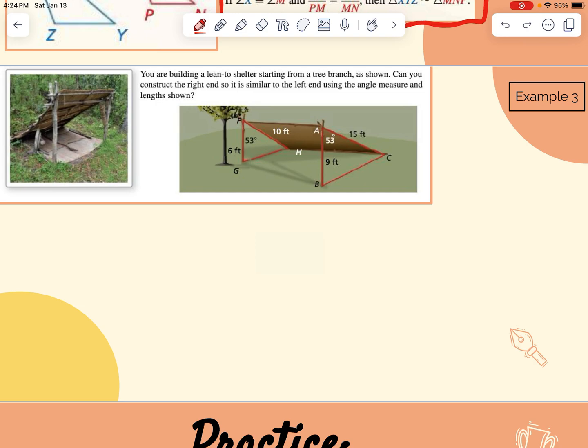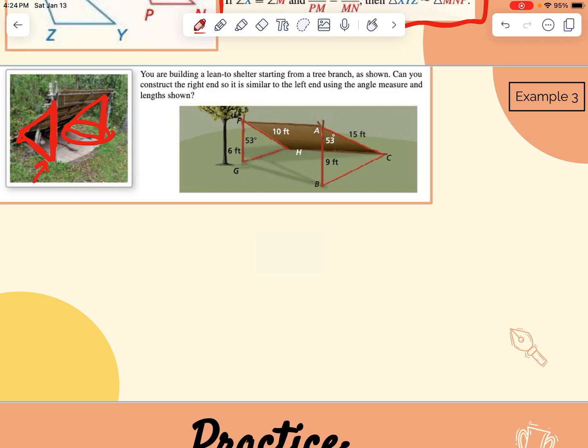So you start to make this ramp and you're like, hey, the ground is a little bit higher on this side than it is on this side. So I already made this triangle on the low side. Now I'm making this triangle over here on the high side, and I need that to be similar. It's not going to be the same size because the ground is different, but I need those to be similar, otherwise my ramp is going to be tippy.